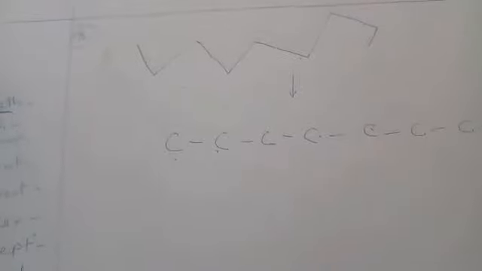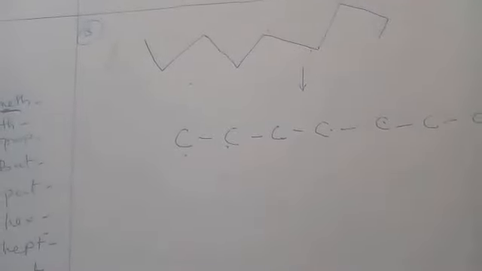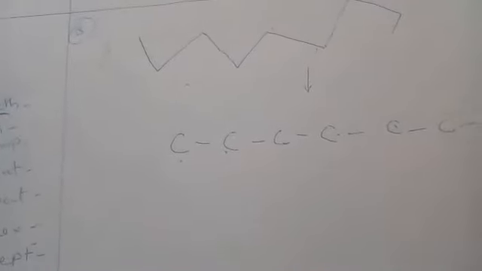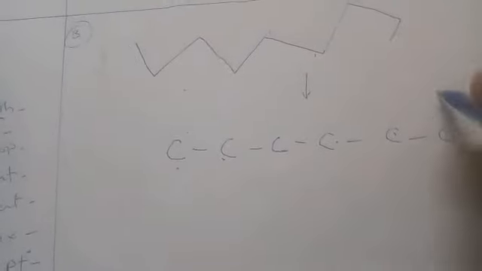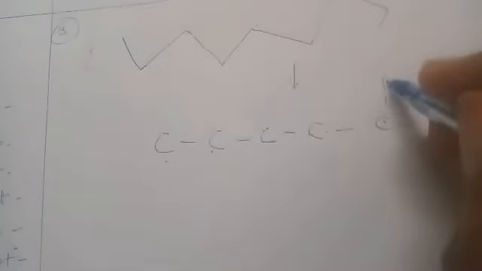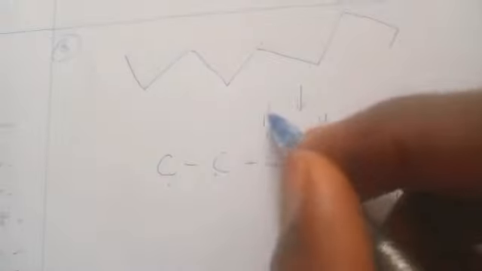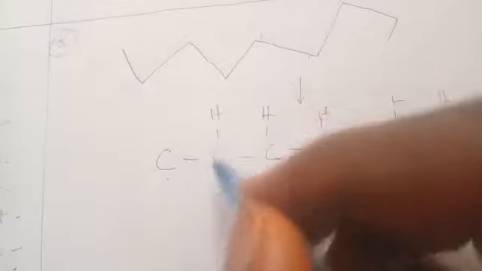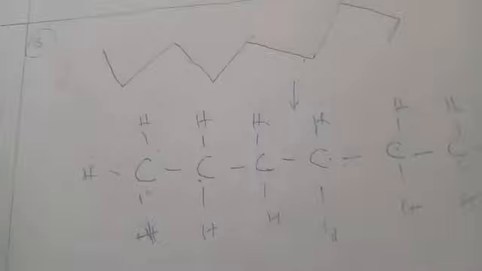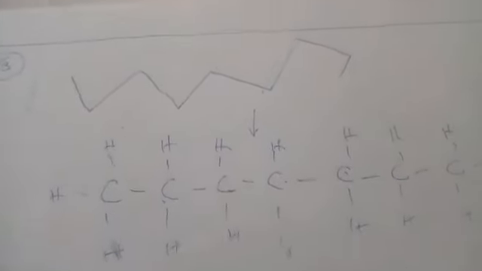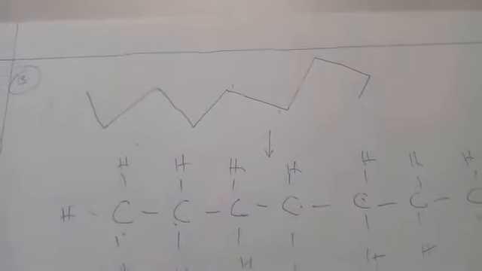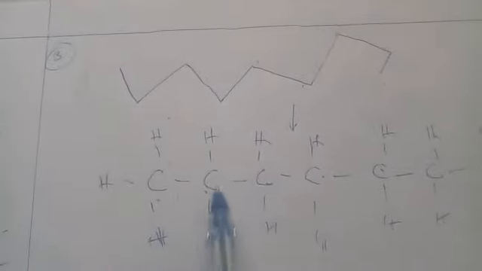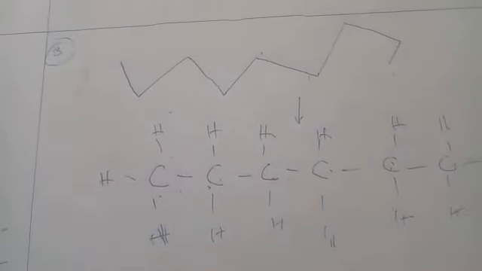So you can add our hydrogens. Okay, we're done. This should be very simple because there is no substituent here. So you can just name: 1, 2, 3, 4, 5, 6, 7, 8, 9.